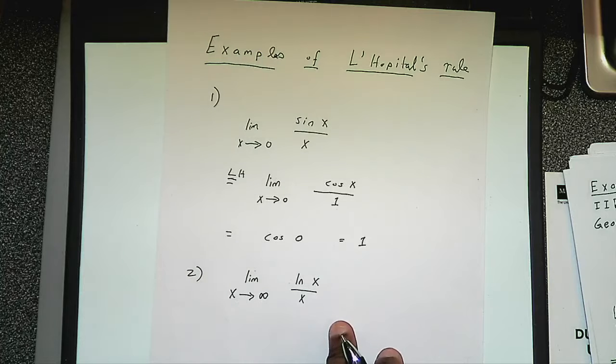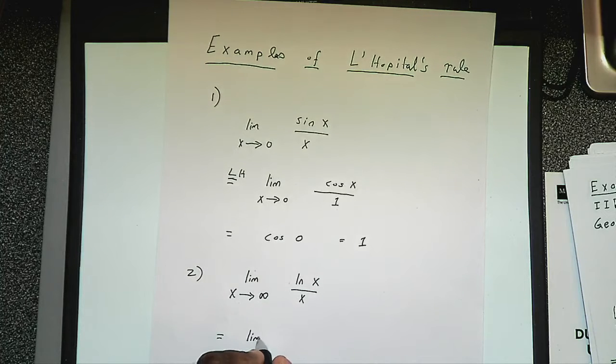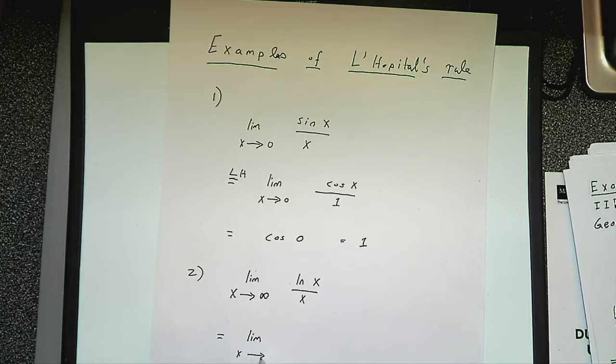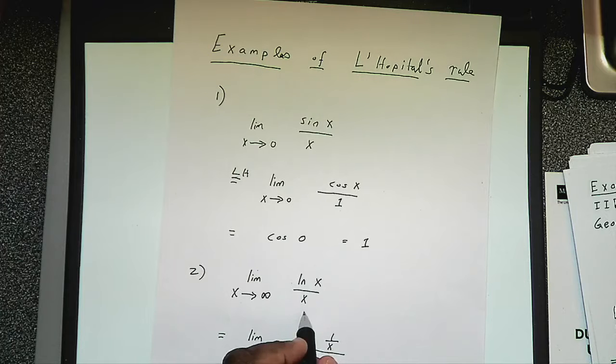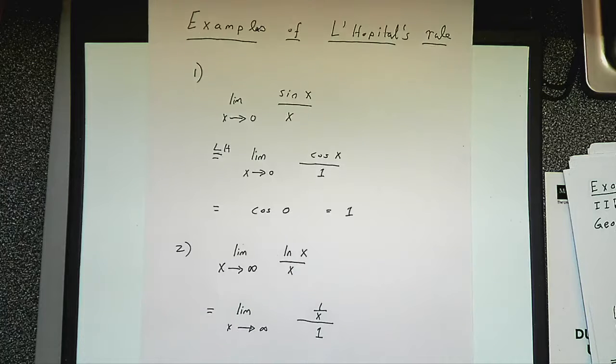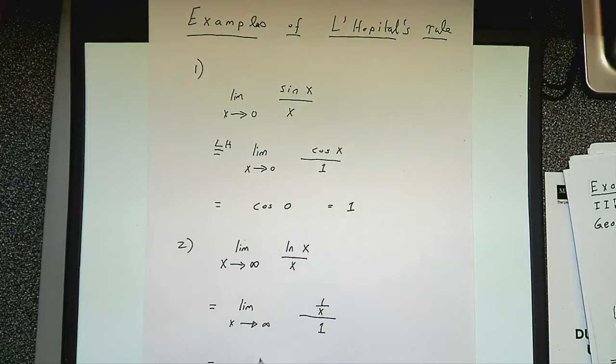So again, you can use L'Hopital's rule. So you should differentiate the top and the bottom. The derivative of ln x is 1 over x. The derivative of x is 1. So this becomes 1 divided by infinity, which is 0.